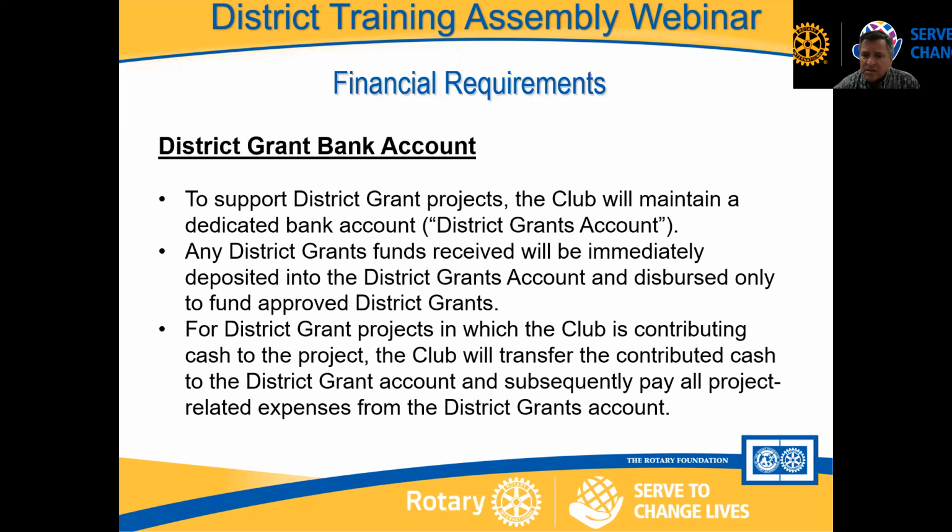The reason for that is I've seen clubs that come up with grandiose projects saying they're going to do a $10,000 project, but they've got $50 in the bank. And so it just doesn't make financial sense. Maybe it's possible, but we would like to see the funds already deposited into your district grant account. Next slide, please.